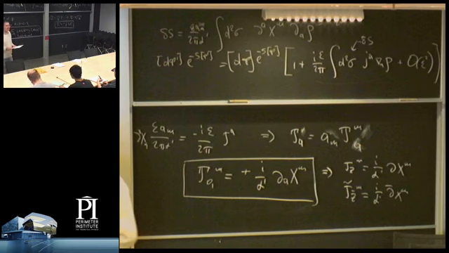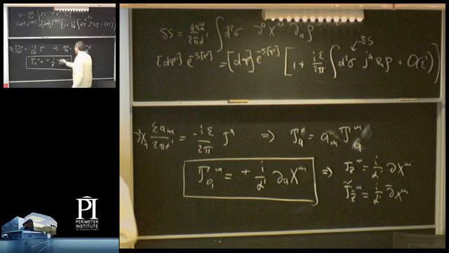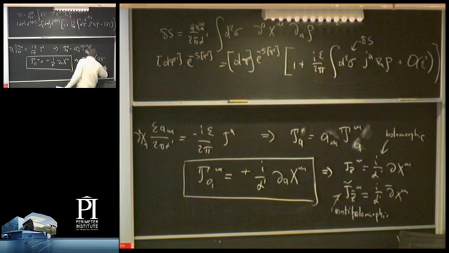Automatically, this current comes up conserved. If I go to holomorphic and anti-holomorphic indices, I will have ∂x^μ and ∂̄x^μ, with the factor of i over α′.